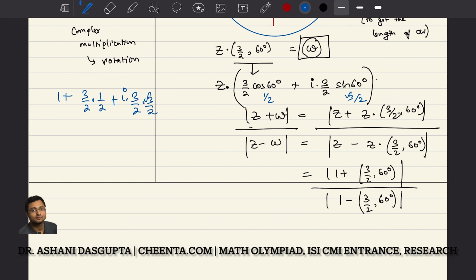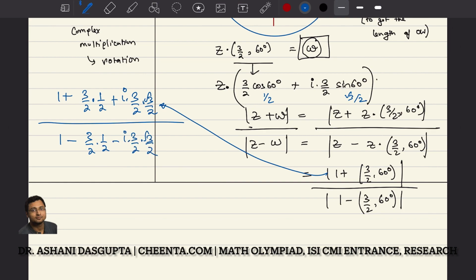And the denominator is 1 minus 3 by 2 times 1/2 minus i times 3 by 2 times root 3 by 2. Take the absolute value of both pieces and you get the final result.